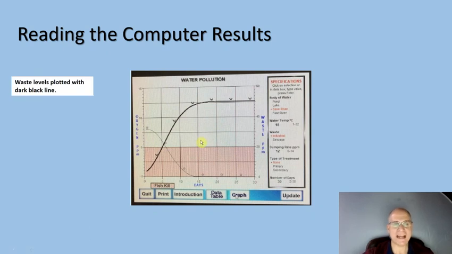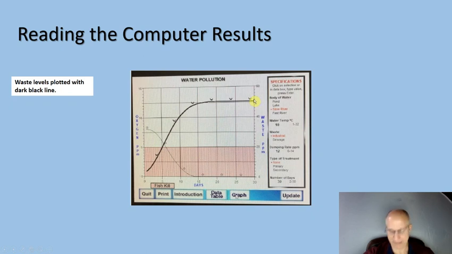So the amount of waste is going to be plotted with this dark black line. Starting at day 1 right here, as we're dumping more waste into that slow moving river, the amount of waste is going to build up until we're at about 15, 16 parts per million of waste.